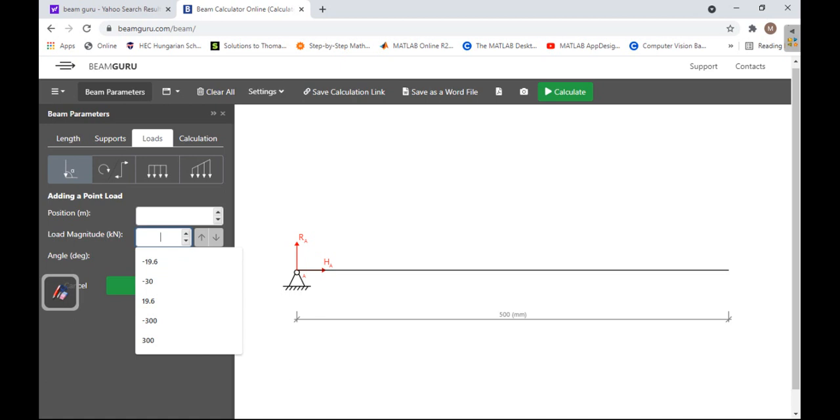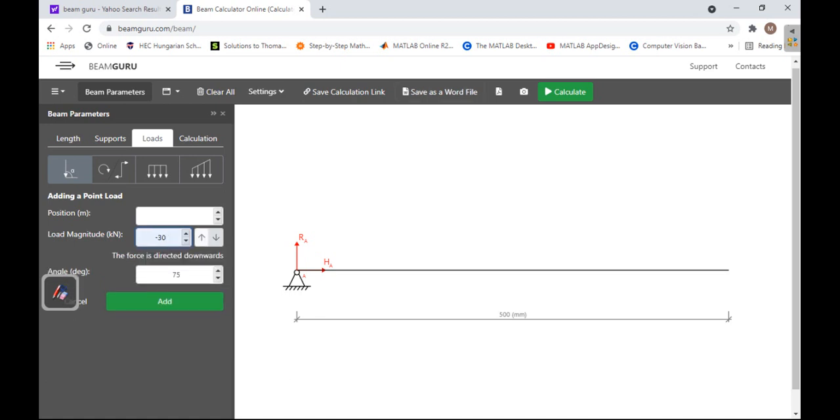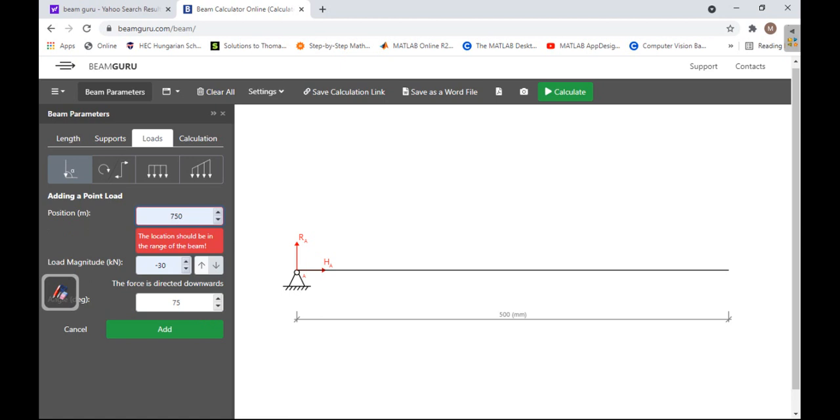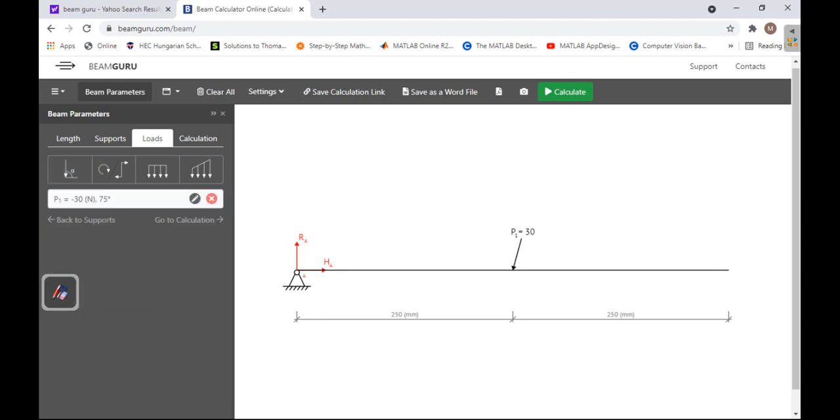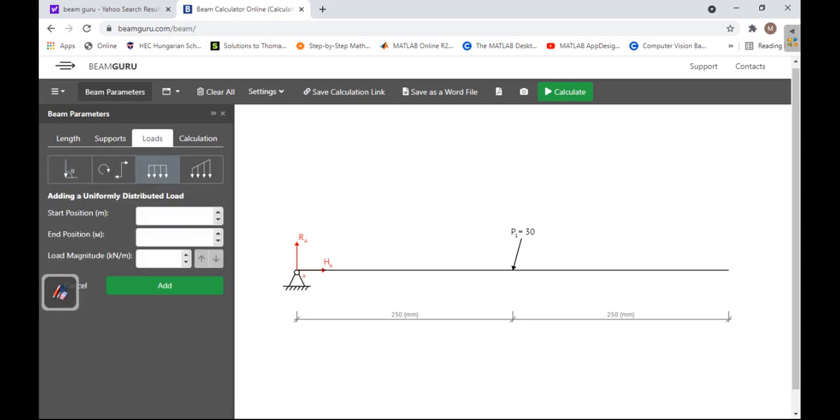The position is 250. Add. Super. You can also add a distributed load with starting position 250 and ending position 300, magnitude 1.16, and we should choose downward. This is a uniform distributed load.